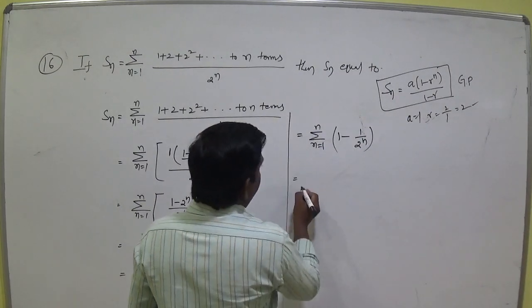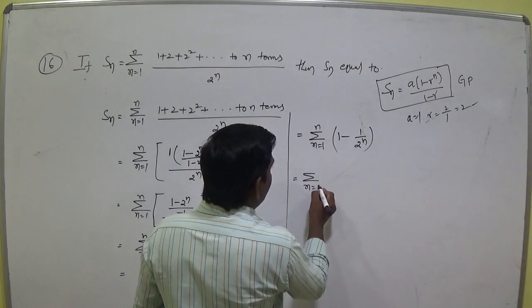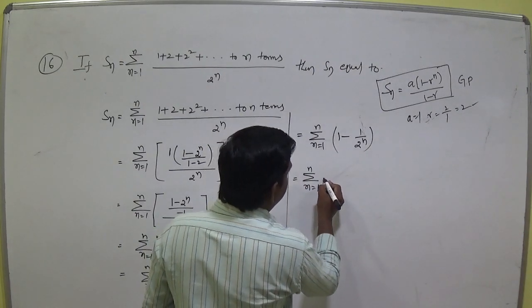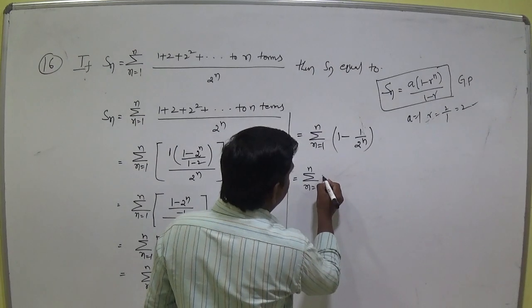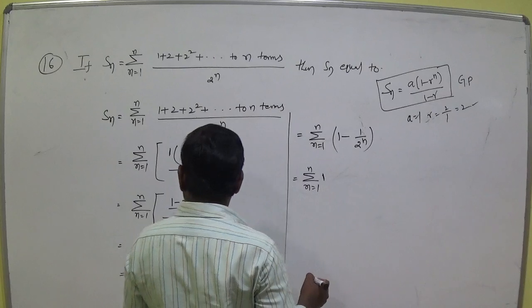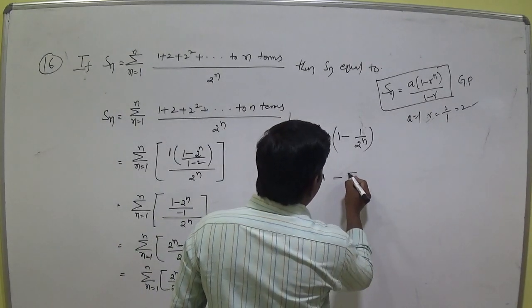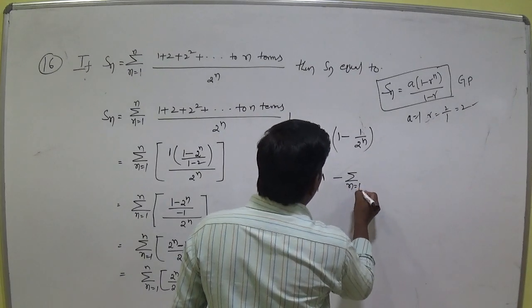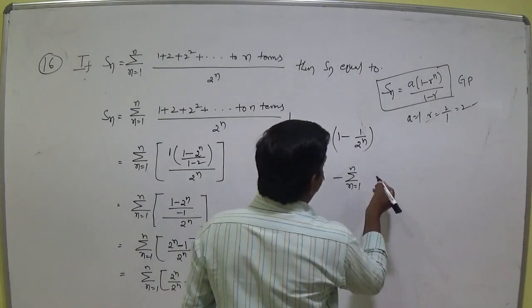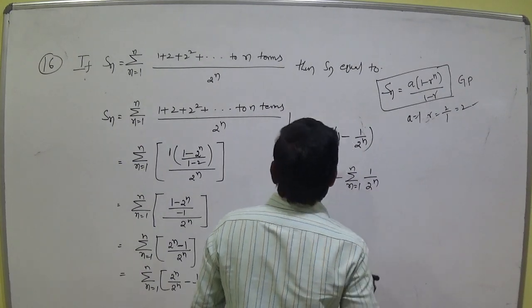Sigma n equal to 1 to n of 1, minus sigma n equal to 1 to n of 1 by 2 power n.